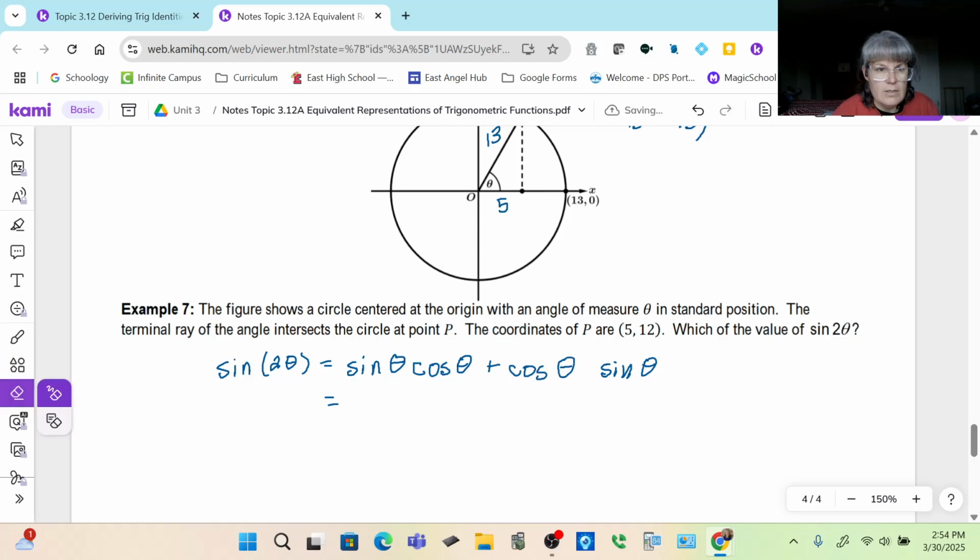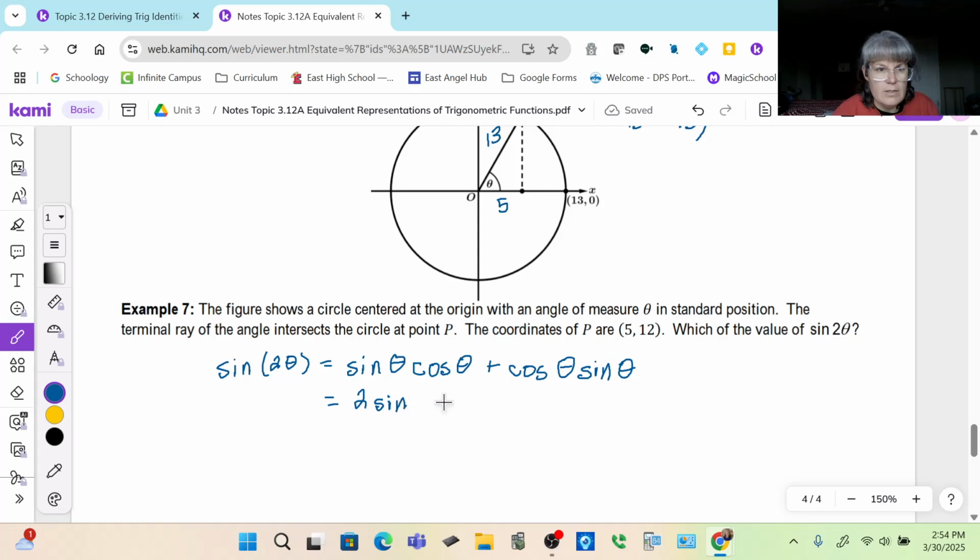Go back, this is just cosine theta, sine theta. Because these are the same, because it's one angle, I know that this is going to be equal to 2 times sine of theta cosine theta, which is my double angle identity for sine of 2 theta.